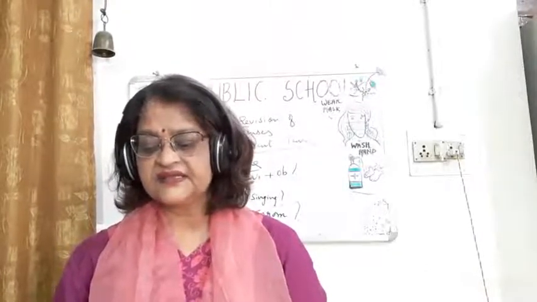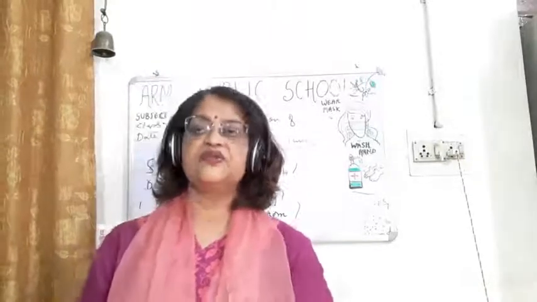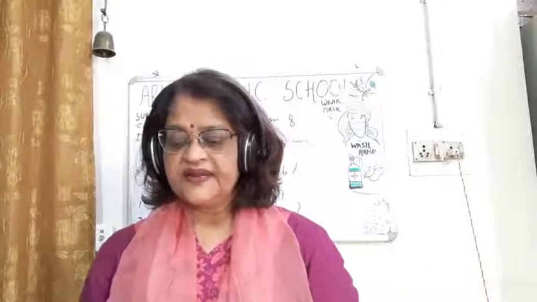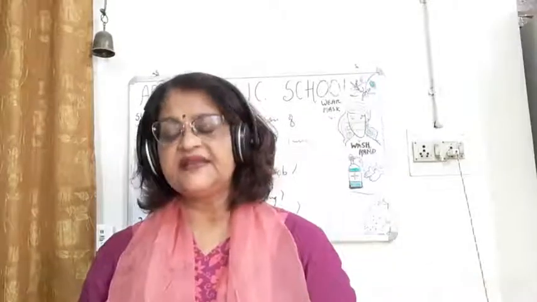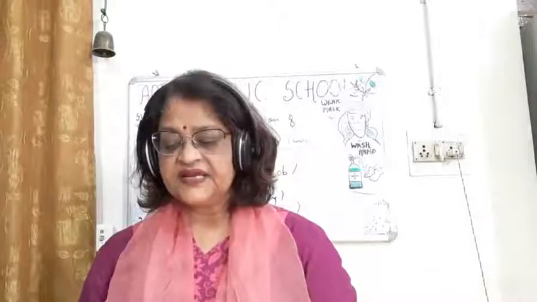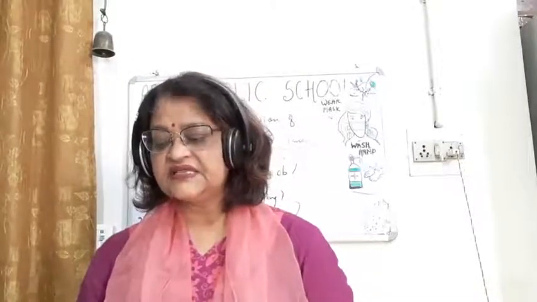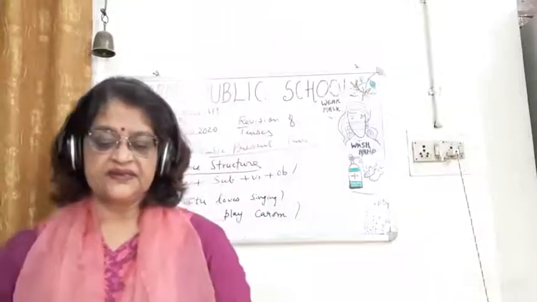Then mix, it ends with x. So es is added here. And when the verb ends in y preceded by a consonant, y is changed into i and es is added. In the rest of the verbs, only s is added to the base form of the verb, like goes, talks, feels, says, laughs. Okay, so you have to write this.